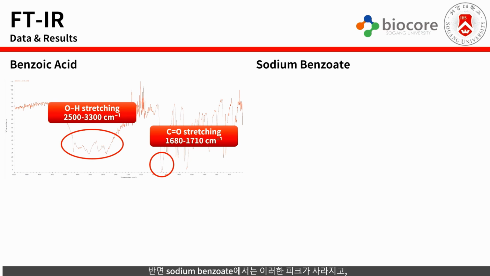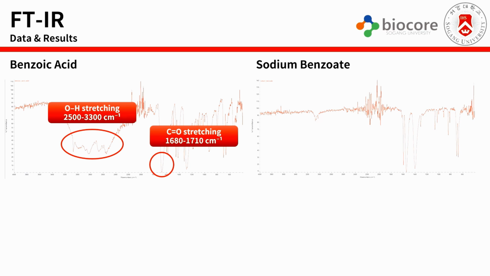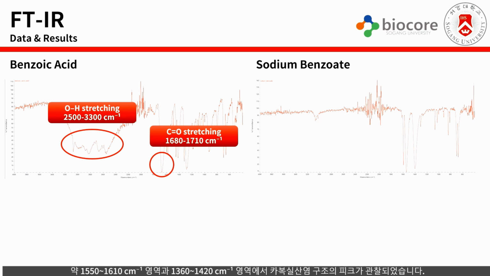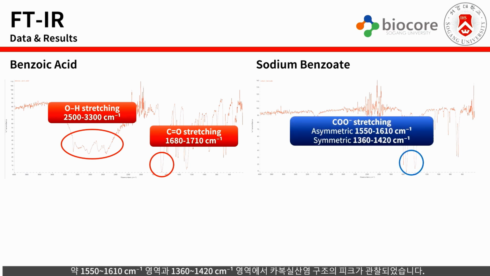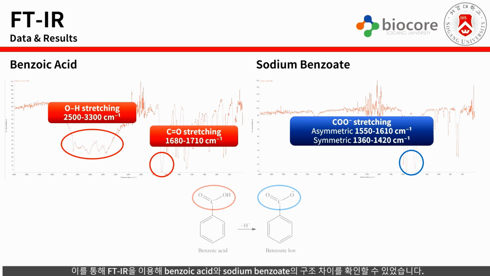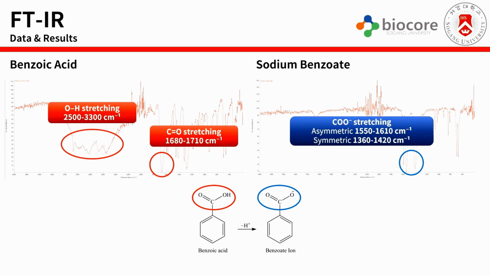In contrast, these peaks disappeared in the spectrum of sodium benzoate. Instead, characteristic carboxylate peaks were observed around 1,550 to 1,610 reciprocal centimeters and 1,360 to 1,420 reciprocal centimeters. These results demonstrate that the structural differences between benzoic acid and sodium benzoate can be clearly identified using FTIR spectroscopy.